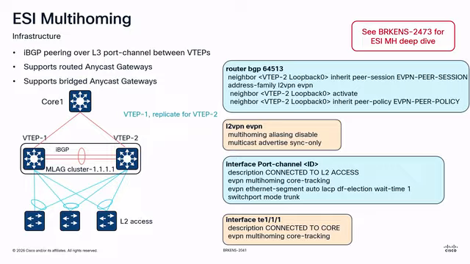The reason for it is that with ESI multi-homing, once you enable it, it will generate an EVPN type 4 route for every combination of VLAN, host, and port channel, just like in spanning tree with virtual ports. So you have all of these type 2 routes for endpoints, and then you also have hundreds of additional type 4 routes for ESI multi-homing.